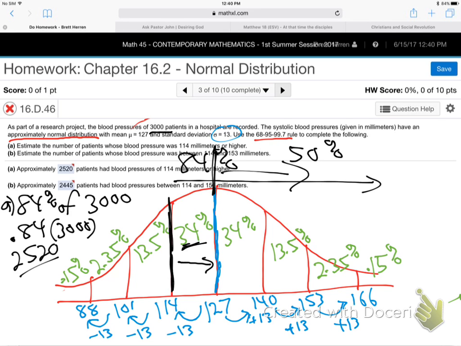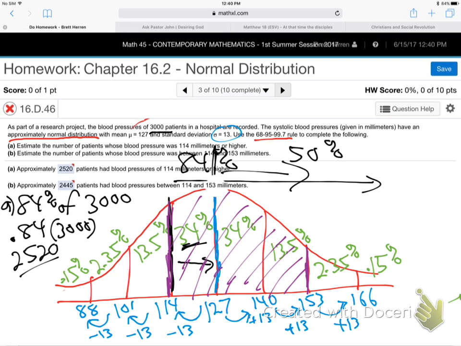Now part B, how many had between 114 and what is that other number? 153. So how many had between 114 and 153? So here's 114 again, and 153 is here. So 114 to 153 is all of that.